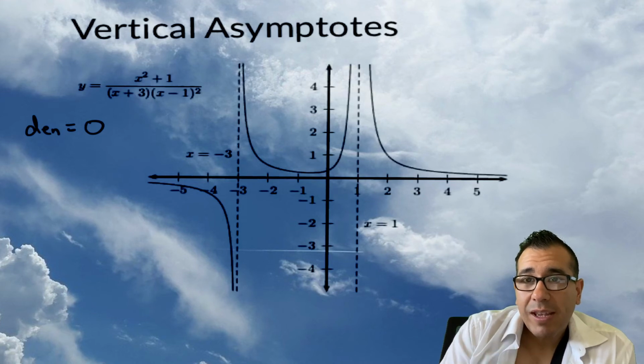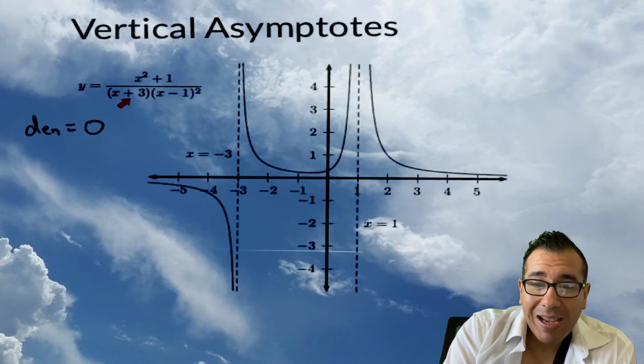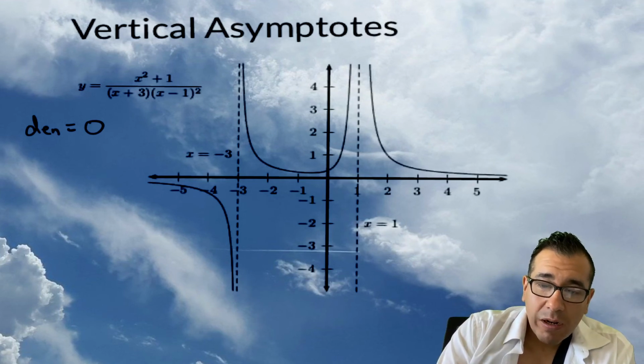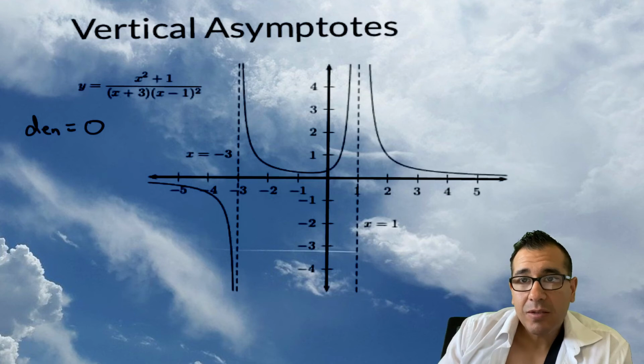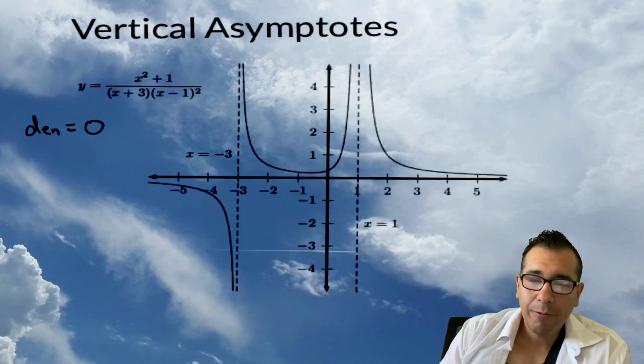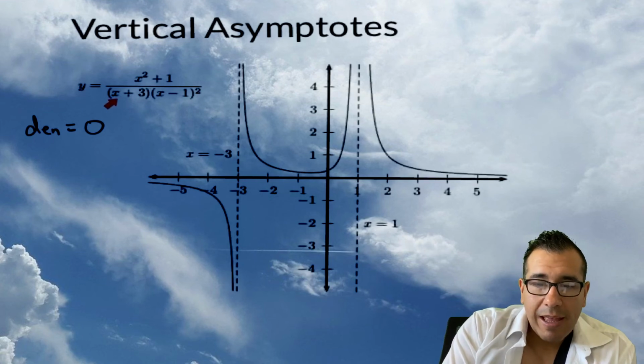And what's one thing we can't do in math? We cannot divide by 0. So we're finding these values of x where our graph is undefined. There's nothing there. That's what we're really looking for.